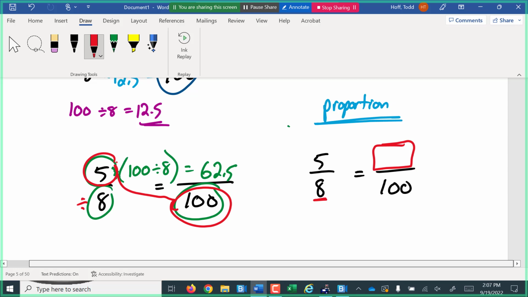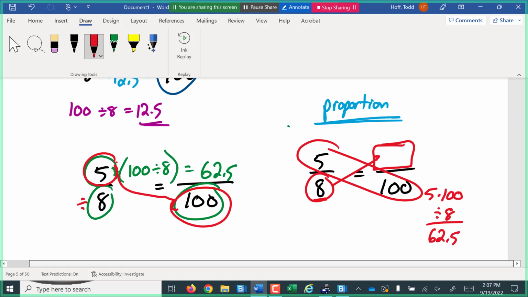Then we look, there are two numbers that are diagonal to each other. In this case, that's the 5 and 100. We multiply those two together, 5 times 100. And then we divide by that third number that was diagonal to the piece we're trying to find, divided by 8. So 5 times 100 divided by 8 is 62.5.